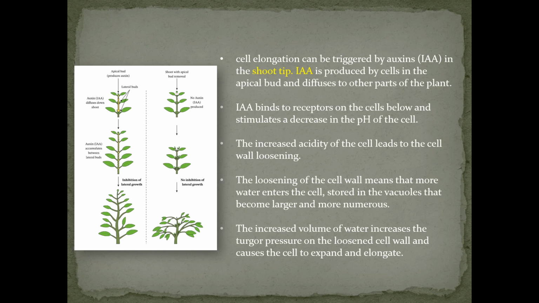The increasing acidity of the cell leads to cell wall loosening, which means more water enters the cell and is stored in the vacuoles that become large and more numerous, increasing cell volume. The increasing volume of water and increasing turgor pressure on the loosened cell wall easily cause the cell to expand and elongate.